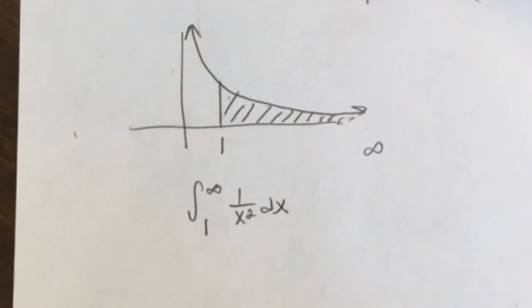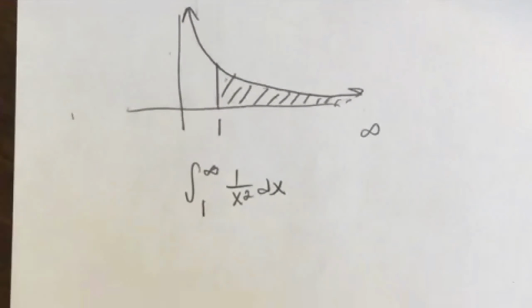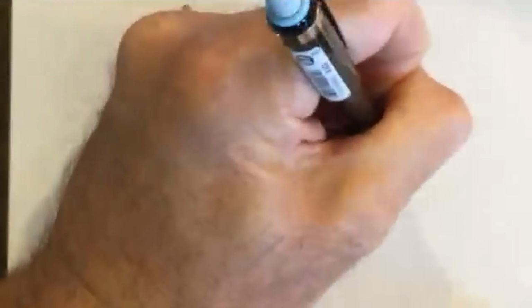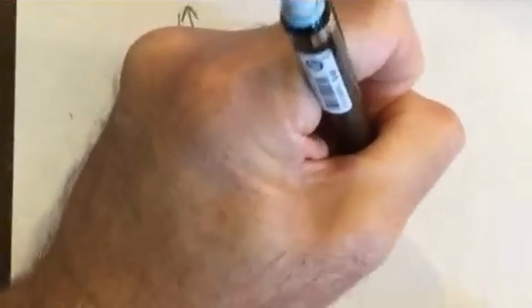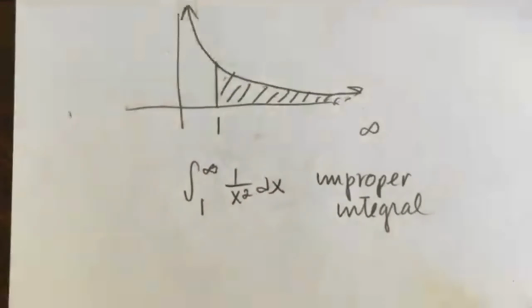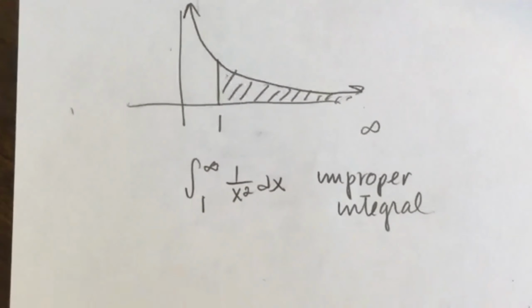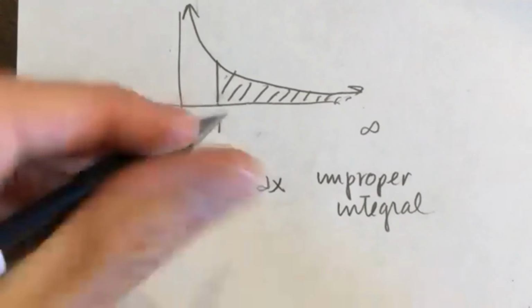So a different way to write these, by the way, this has a name. It's called an improper integral, because one of the limits of integration is going to be infinity. Here's how we rewrite it.